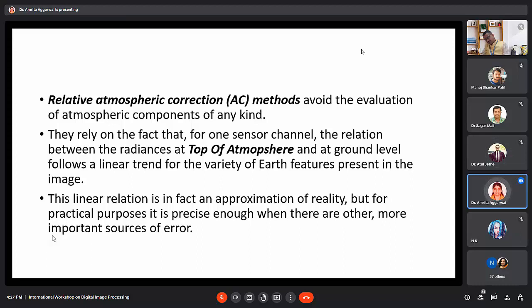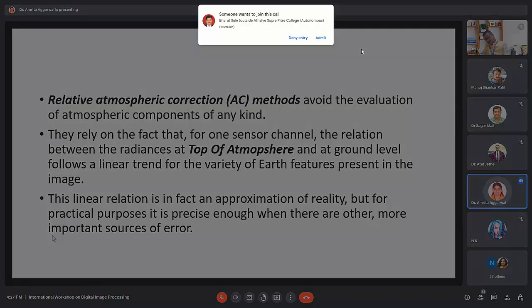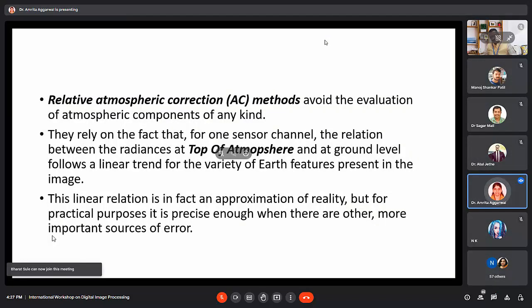On the ground there may be, for example, a lot of vegetation, but because of the disturbance in the atmosphere we are not able to capture that vegetation, so you are not able to understand how much of the area is under vegetation. So relative means the condition on the ground versus what is actually visible in the image. That is caused by the disturbance in the atmosphere.